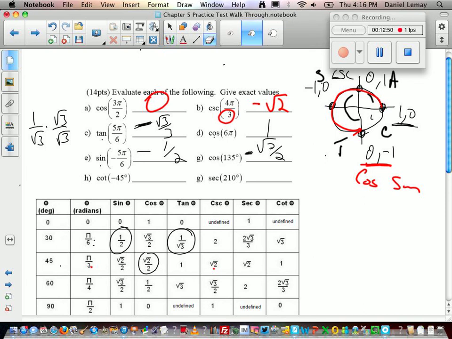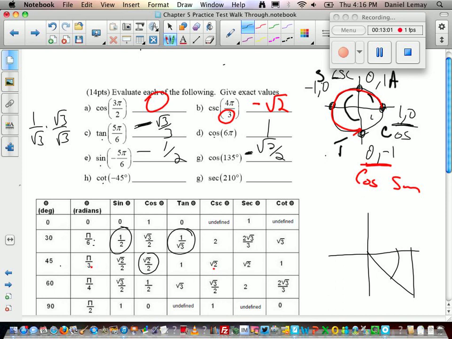Cotangent of negative 45 degrees. Negative 45 degrees is there. We're looking for cotangent. Cotangent is negative. So the reference angle is 45 degrees. It's cotangent, I'm looking at 1. So it's negative 1.